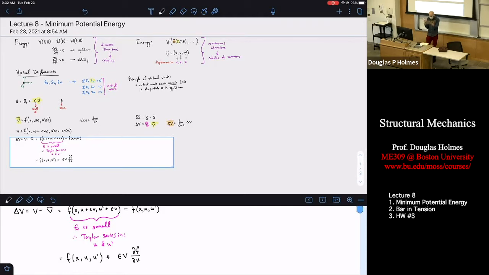And then we have to do this again. Epsilon times v prime times the first derivative of our function with respect to u prime.